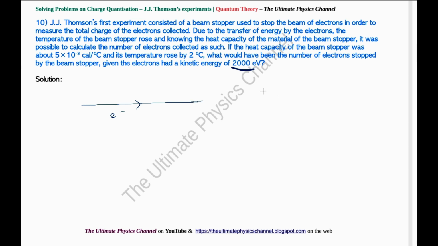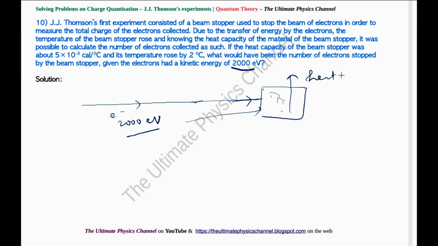This beam of electrons can be stopped using an arrangement called a beam stopper, and any electron impinging on this is going to transfer its kinetic energy to the beam stopper, and therefore it is going to heat up. Its heat capacity is given, and the temperature rise due to the impingement of electrons. A number of electrons are impinging, and the total increase in temperature is only 2 degrees centigrade. Now we can calculate based on this information how many electrons are being stopped by this beam stopper.